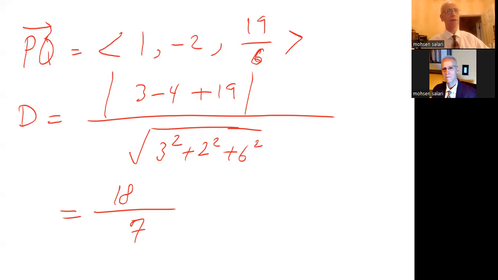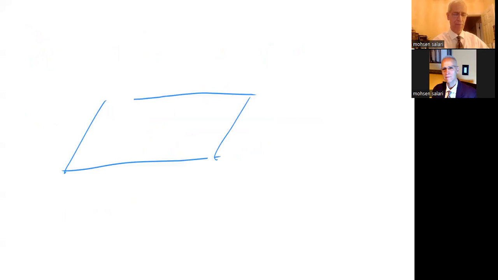A natural question to ask here is, can we use any convenient point? How did that happen? Here's an explanation. Let's say that you have a plane in here and you have a point in here.